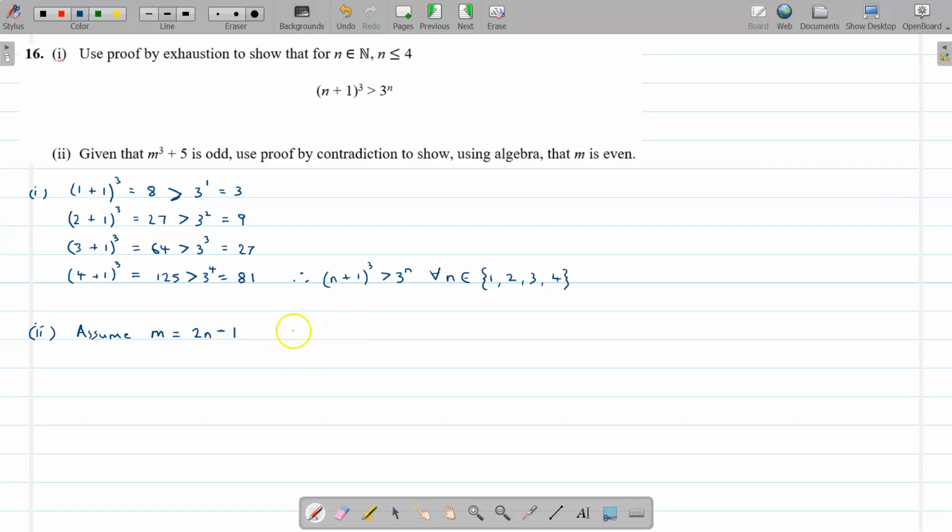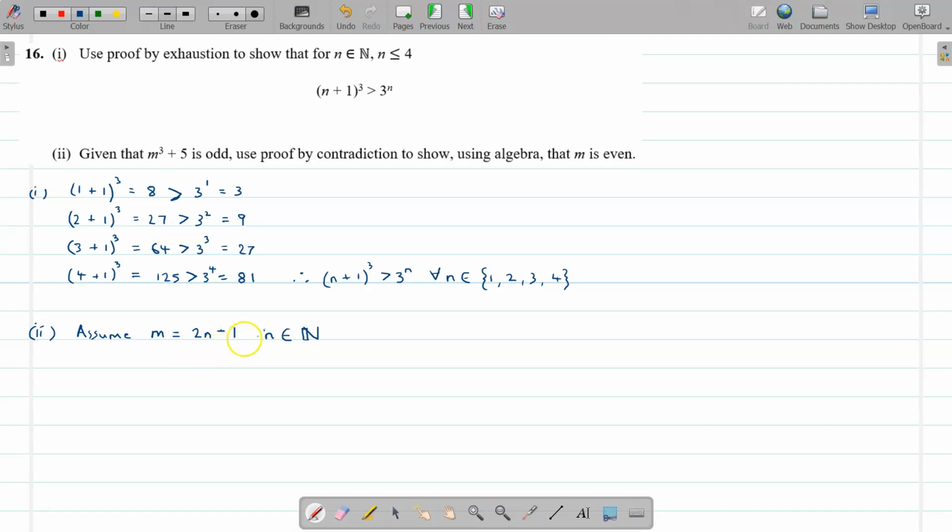Okay, you can either have 2n minus 1 or 2n plus 1. 2n minus 1 where n is a member of the natural numbers, that's the counting numbers, positive integers if you like. Okay, and that's my first statement.